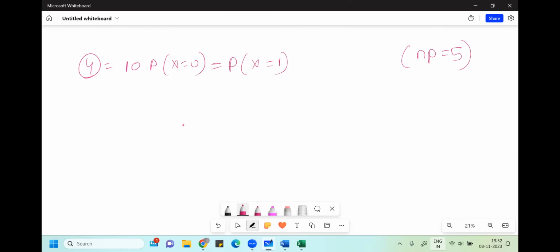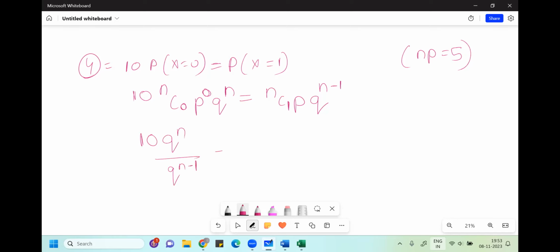See question number 4, everyone. They have given us the mean as 5 and they've given 10 times P(x = 0) is equal to P(x = 1), and here they've given n into p is equal to 5. This is given in the problem. Same like question number 2, just put the formula. What is P(x = 0)? Means nC0 p to the power 0 q to the power n. This is nC1 p to the power 1 q to the power n minus 1. Any doubt? This is 10. This would be q to the power n by q to the power n minus 1 is equal to p. nC1 would be n.